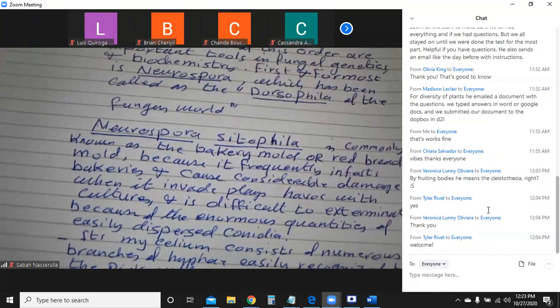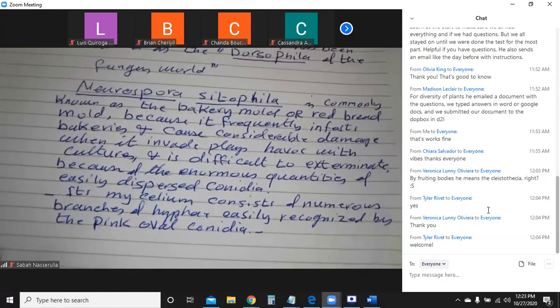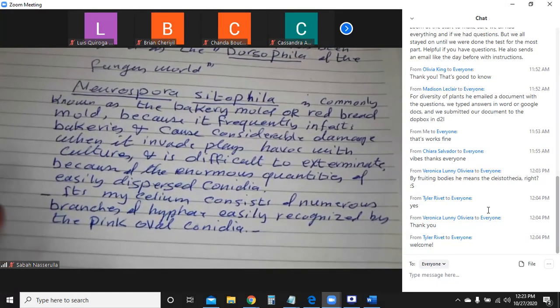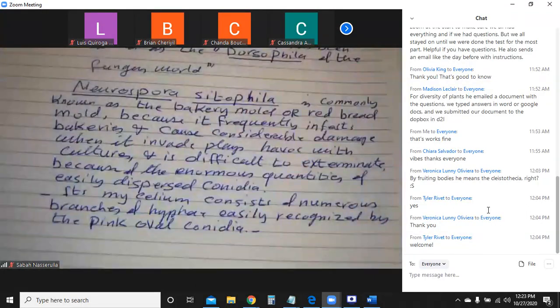Now, the other thing I'm going to mention with this organism: usually when they produce the conidia as a result of asexual reproduction, the conidia sometimes come in two types or two sizes, either the regular one or a smaller one, which is known as microconidia.